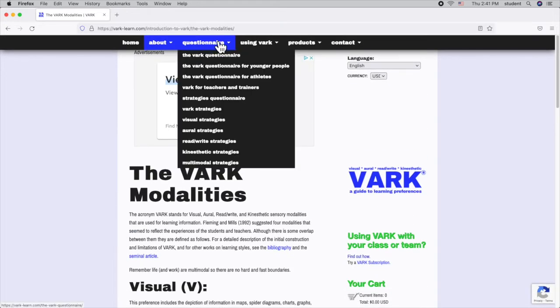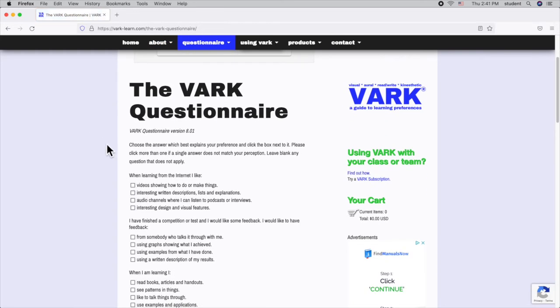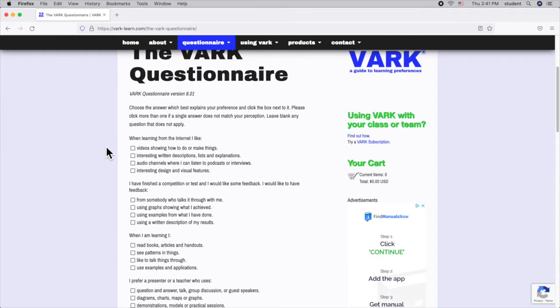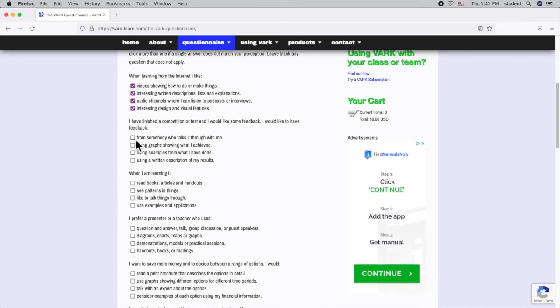So if we go to the questionnaire, the VARK questionnaire steps you through and helps you understand learning preferences. So you can take this questionnaire yourself to find your style, or you can take this for your student. So go through the questionnaire and check multiple answers. When learning from the internet, I like to check all these. Some are one or many.